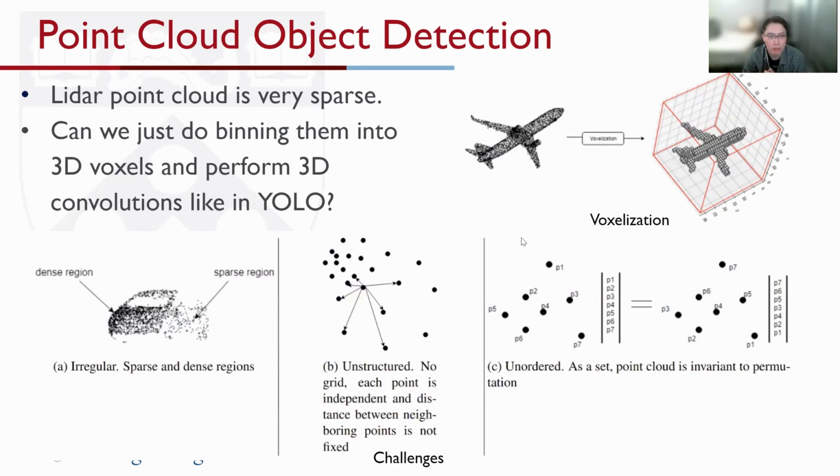So some challenges with this. LiDAR point cloud is very sparse, and it's uneven. Sometimes it's sparse, sometimes it's quite dense when they are close. And if we're just gonna do voxelization, binning into small bins, and just do 3D convolution on that, the complexity can be very heavy.